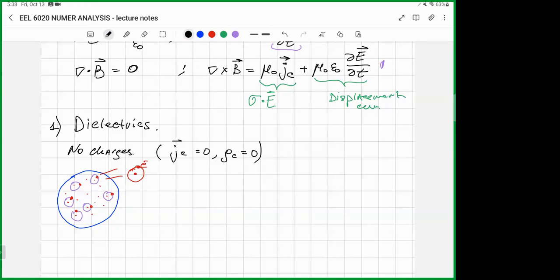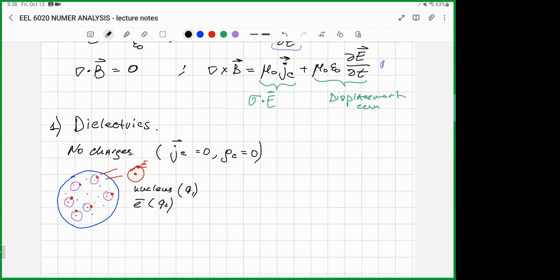But at the same time, this is a system of a nucleus with a positive charge, let's denote it by Q1, and an electron with another charge Q2, a negative charge.